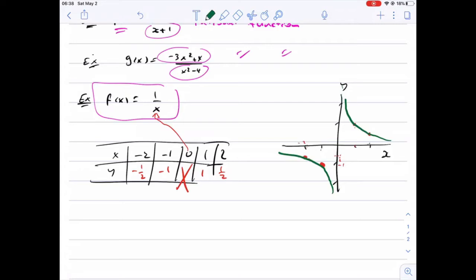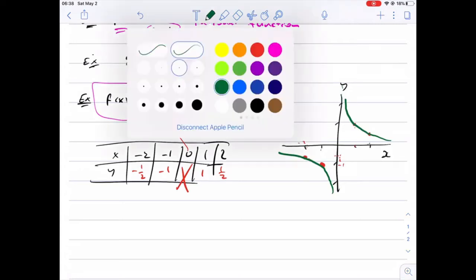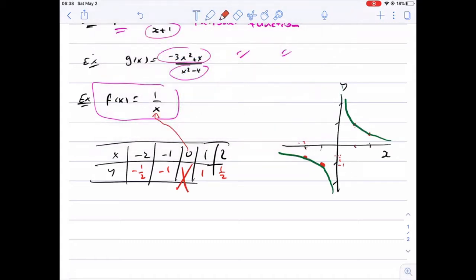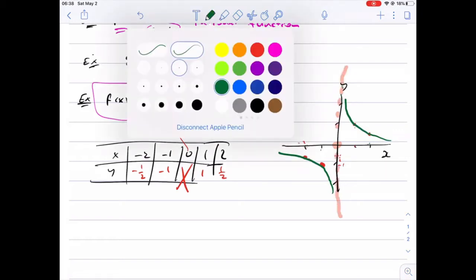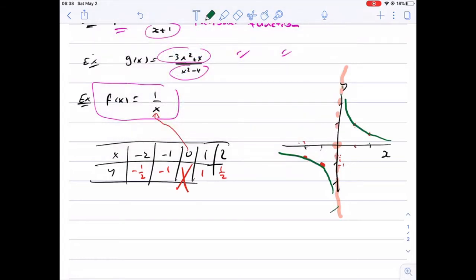As you can see, when x equals 0, the function is not defined, so we don't have a graph here, and that line x equals 0 is called the vertical asymptote. As you can see, the graph gets closer and closer to that asymptote, but it cannot touch it.